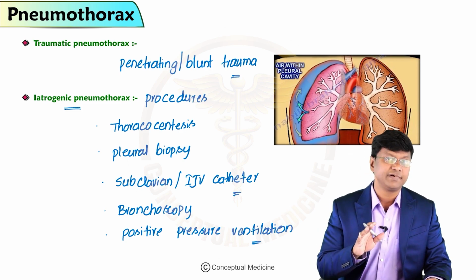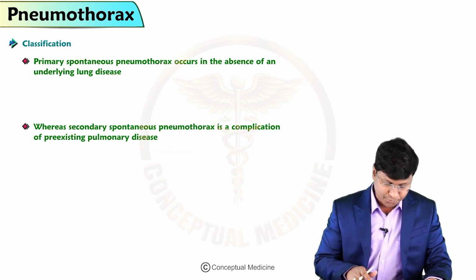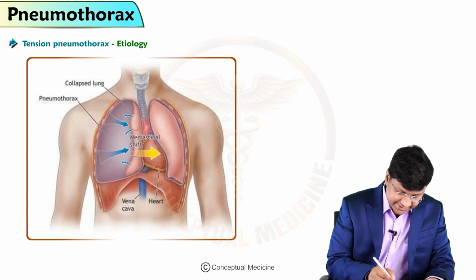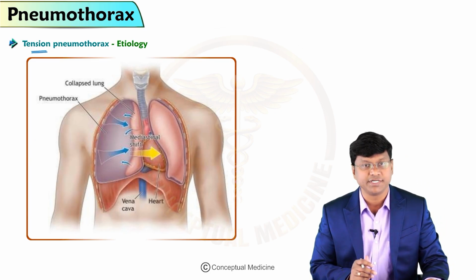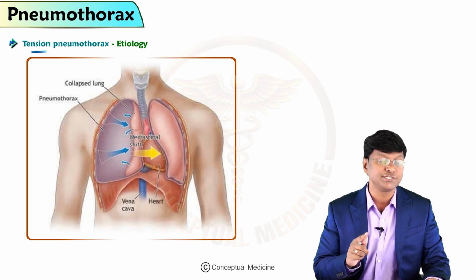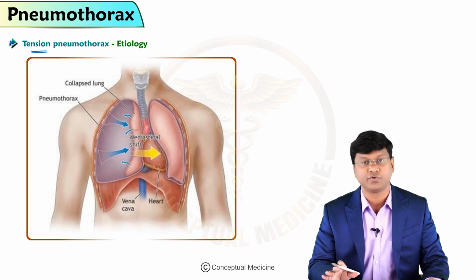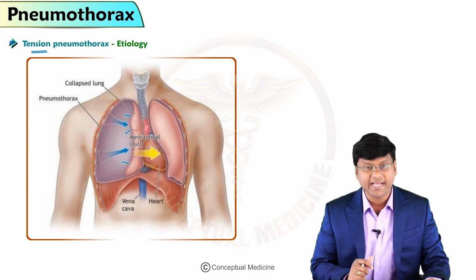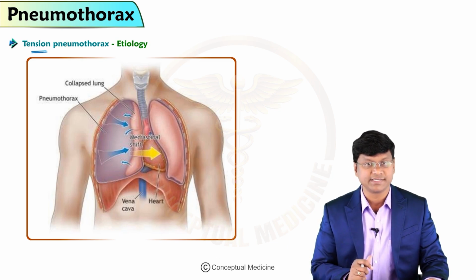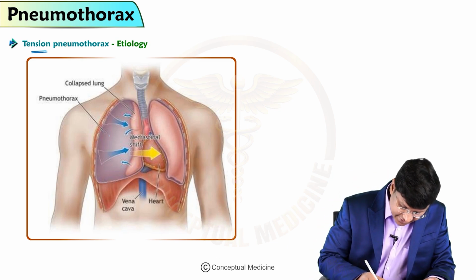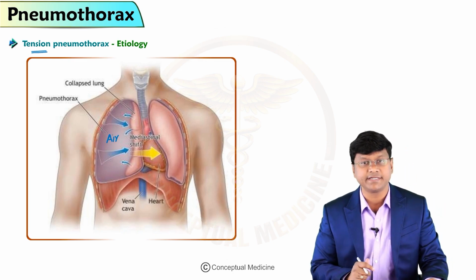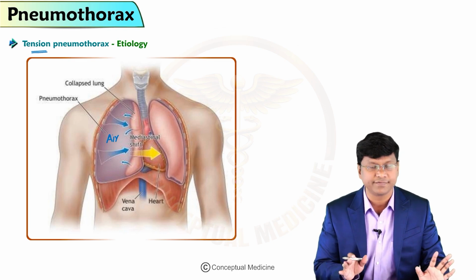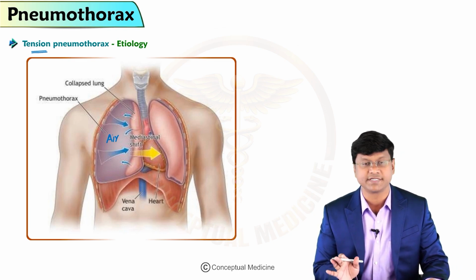Next, we have another important type of pneumothorax which we call tension pneumothorax. What do you understand by this terminology? Tension pneumothorax is the more severe form of pneumothorax. What happens in tension pneumothorax is that the air enters into the pleural space, similar to the other forms of pneumothorax we have discussed.